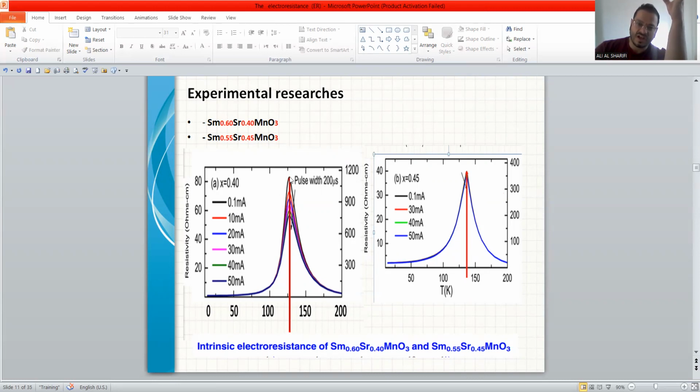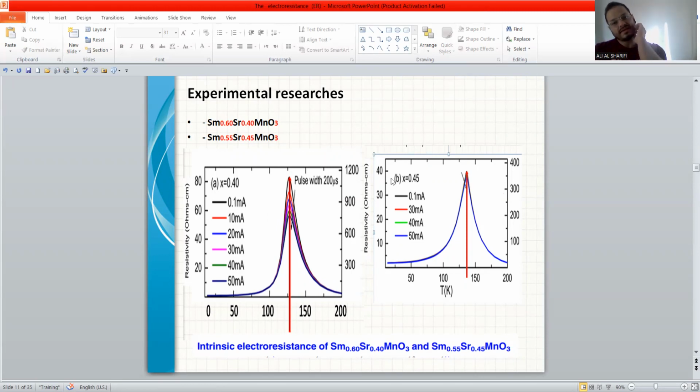Why? Because at the first current, 0.1 milliampere, it's more than 80 ohm centimeter. And at the last, for example, 50 milliampere, that means we increased the current until 50, we know the resistance is less than 60 ohm centimeter.